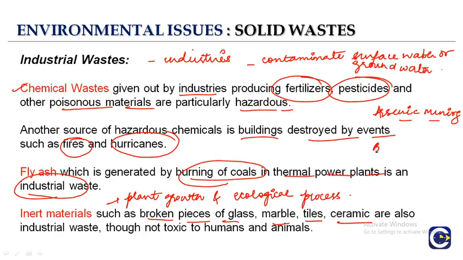So benzene is released from the petrochemical industries. It is inorganic in nature, right? And there are organic chemicals also like PCBs, that is polychlorinated biphenyls, which is from the fluorescent light, hydraulic fluids, and e-waste.